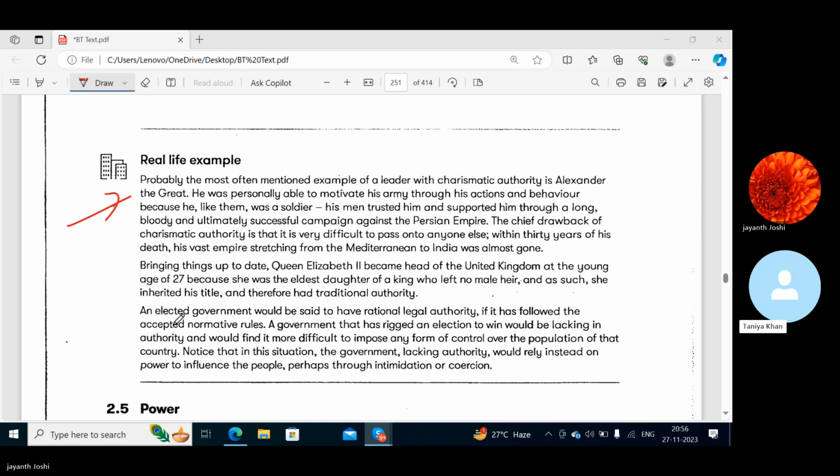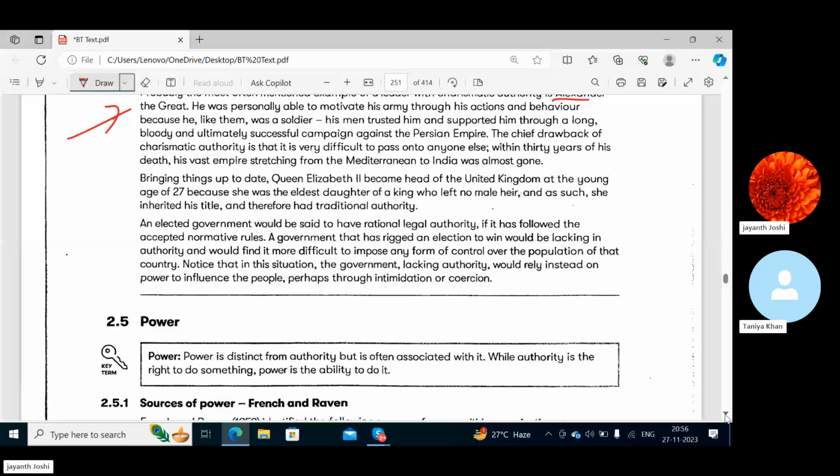And also he gave the example of Queen Elizabeth, that she became the head of the United Kingdom at such a young age because she was the eldest daughter. These are the examples of leaders, right? Yes, sir.